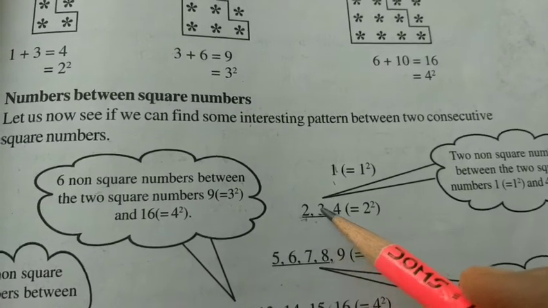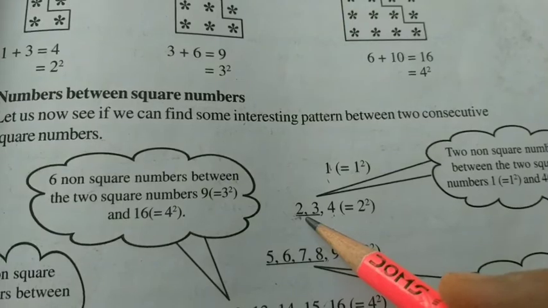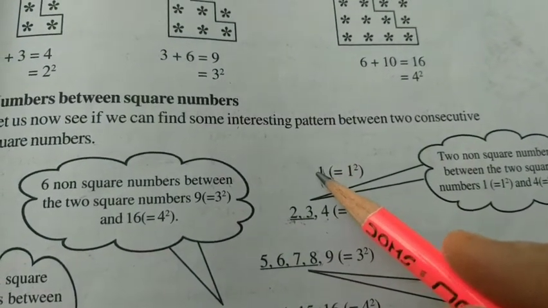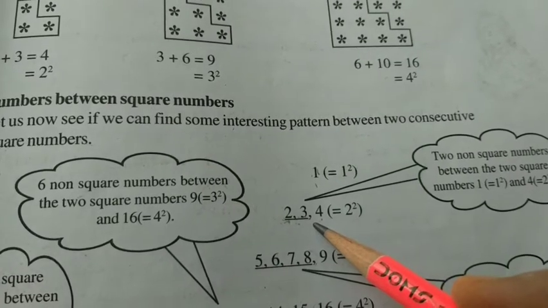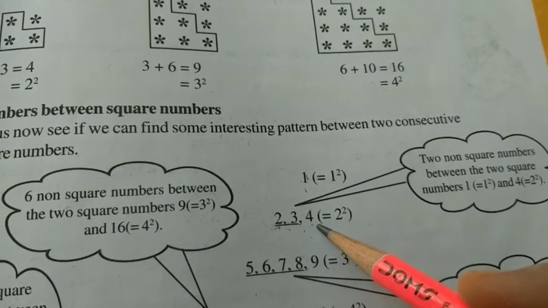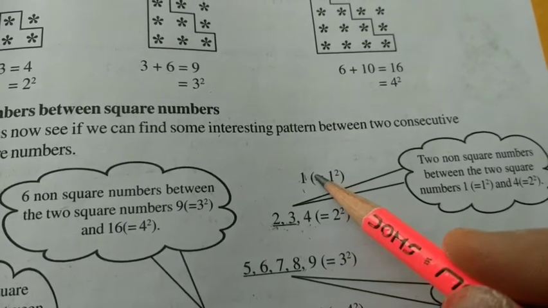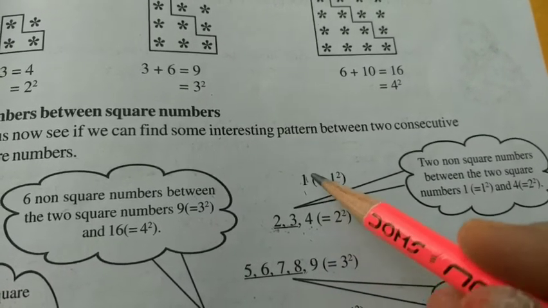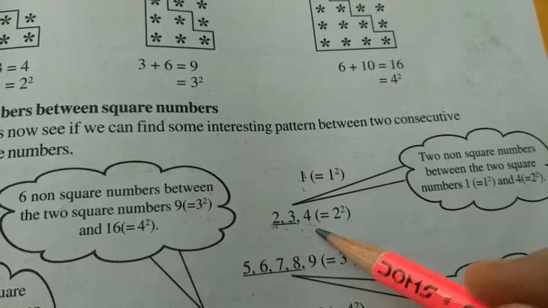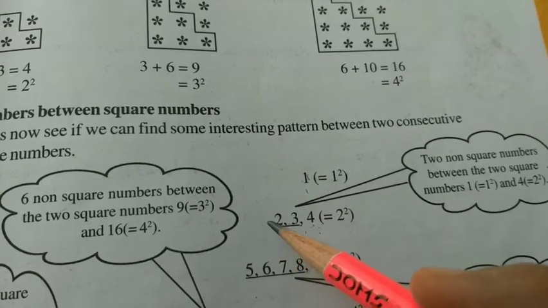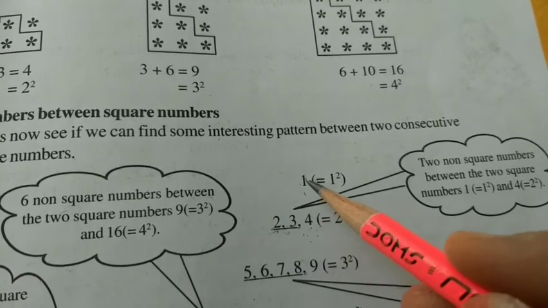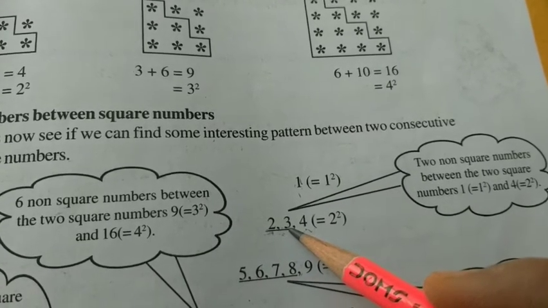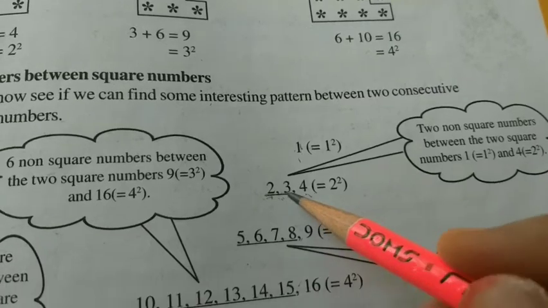No. Both are non-perfect square numbers. How many non-perfect square numbers exist between two consecutive perfect square numbers? After 1, what is the perfect square? 4 only. So those two are called consecutive perfect squares. After 1, 2, 3, then 4 will come. It means in between 1 and 4, 2 non-square numbers exist.